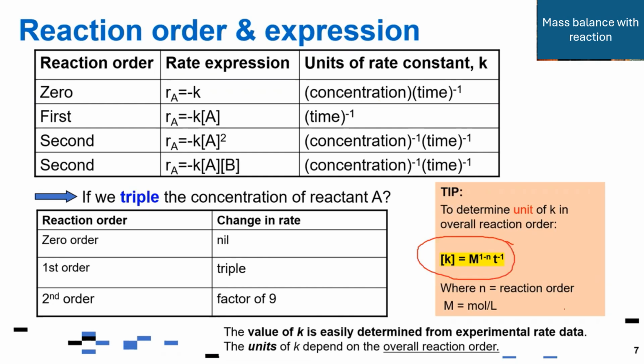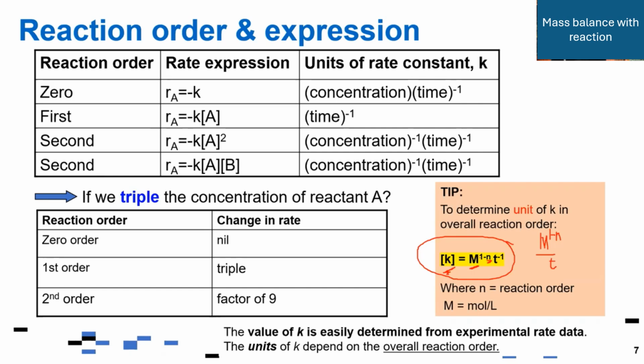This formula can determine the units for the reaction order we are talking about. M stands for concentration, 1 minus n. This is a general formula for determining the units of the rate constant: M to the 1 minus n, where n is the reaction order, times T to the negative 1. This means M^(1-n) over T.